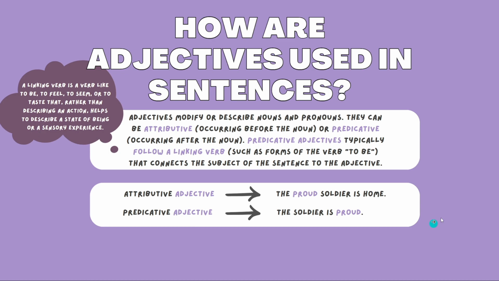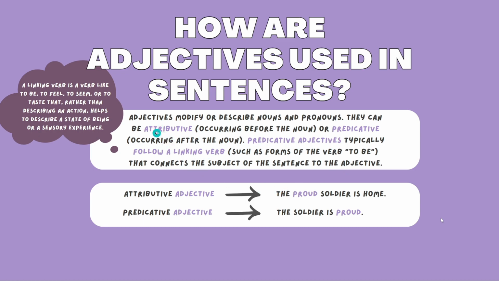A linking verb is a verb like to be, to feel, to seem, or to taste. Rather than describing an action, a linking verb helps to describe a state of being or sensory experience. This linking verb helps us connect the subject of the sentence to the adjective.